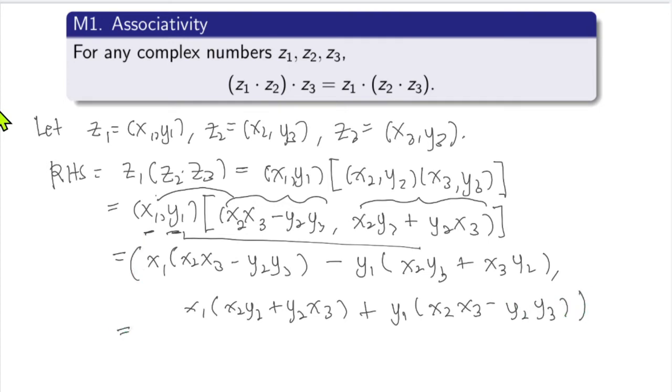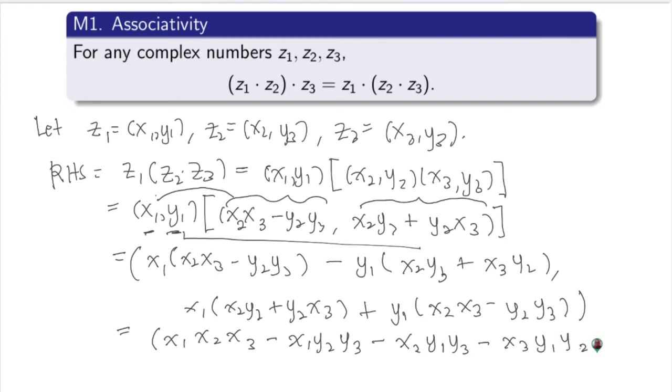Simplifying, we get for the real part x1, x2, x3 minus x1, y2, y3 minus, so let me write x first, x2, y1, y3 minus x3, y1, y2.